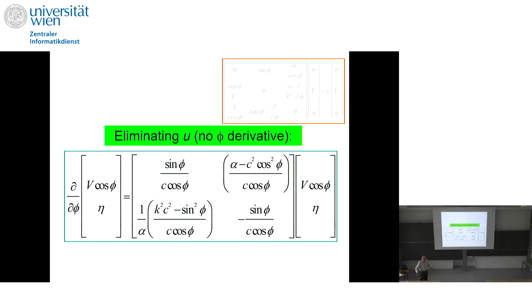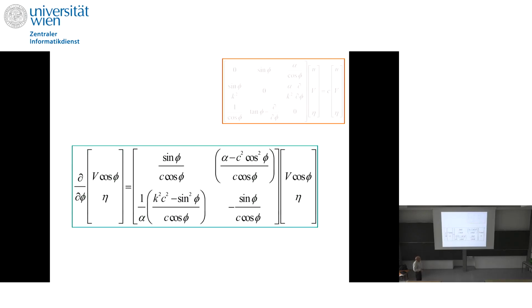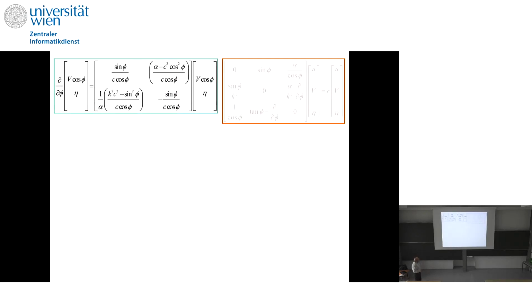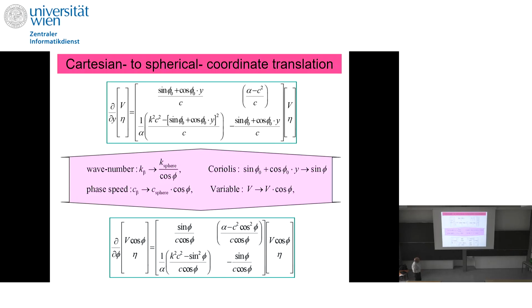So the only thing we can do is transform it into a second order equation, and that's where all the mess begins. And from that point, we can try and develop those laws of transformation from the planar system to the spherical system.